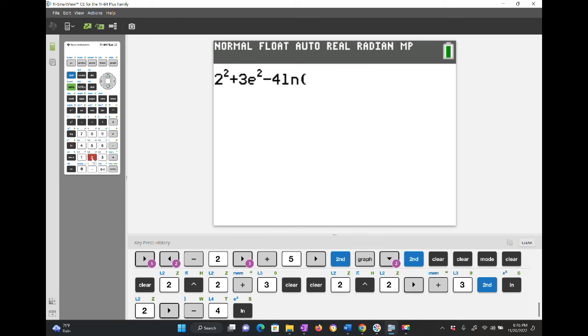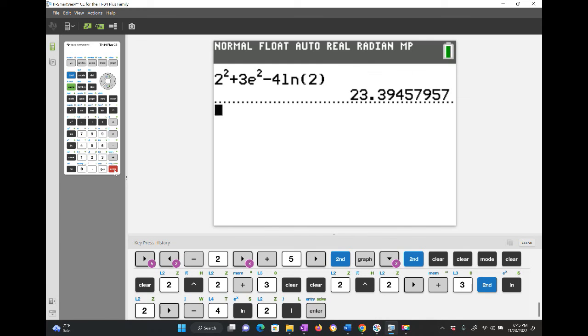So 4 natural log of 2, close that parenthesis. Notice that we're going to get the answer right away.